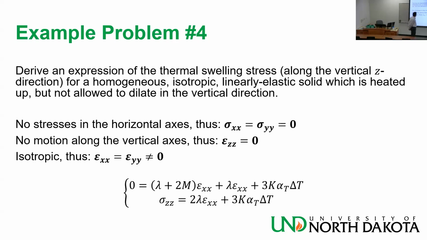It tells me I have an isotropic, homogeneous, linearly elastic solid, so I can use the Voigt notation. But what do I know? It's heated up, but it's not allowed to dilate in the vertical direction. So epsilon zz, the strain in the vertical direction, is 0.